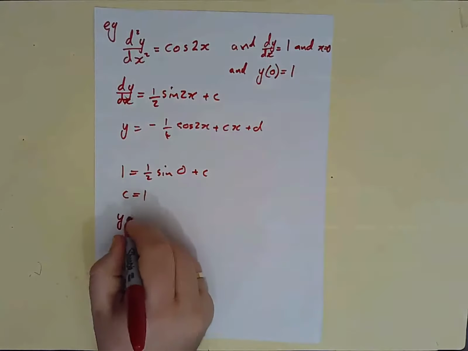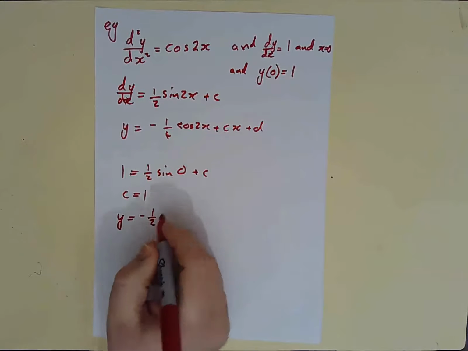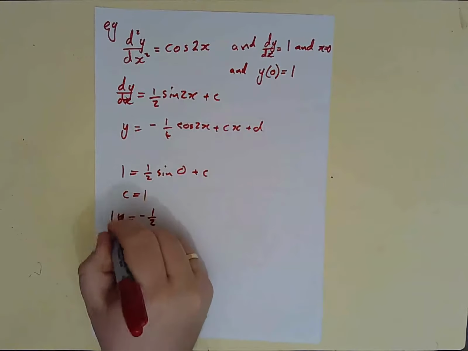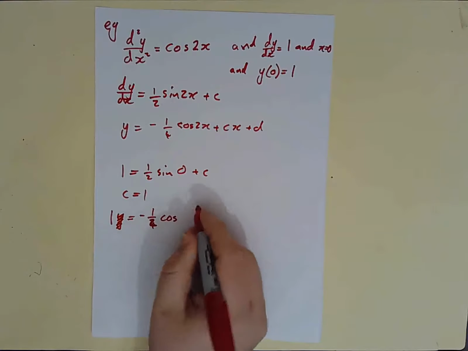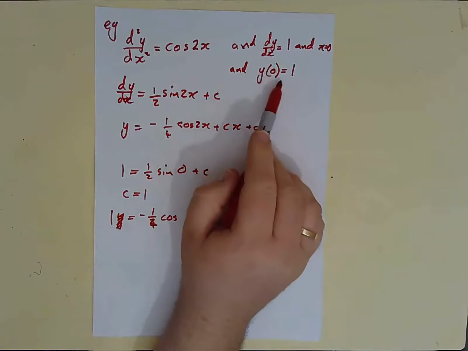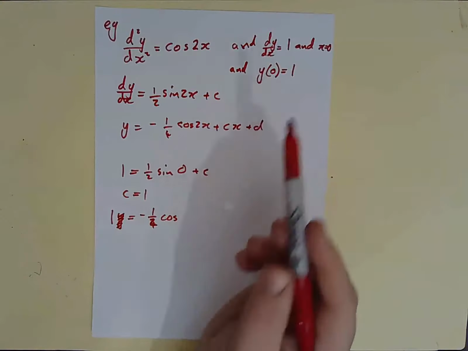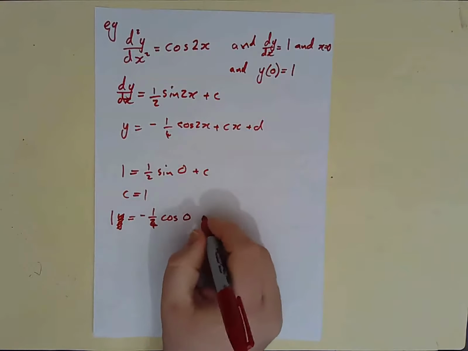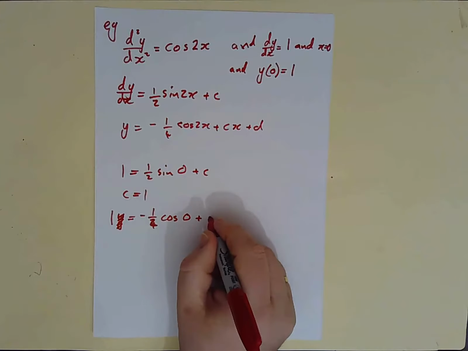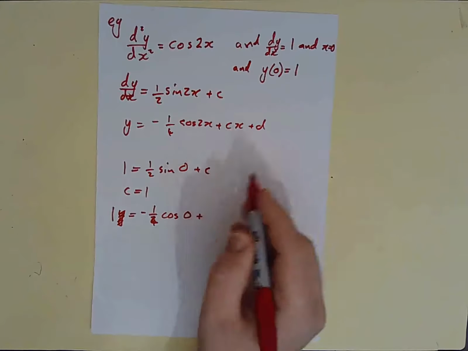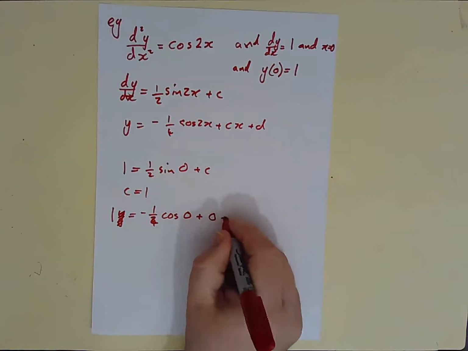So y equals minus a quarter. Oh, sorry, y was 1 again. So 1 equals minus a quarter cos of, now I've got here x is 0, so cos of 0, plus c is 1, so this is just 1 times x, but x is 0.